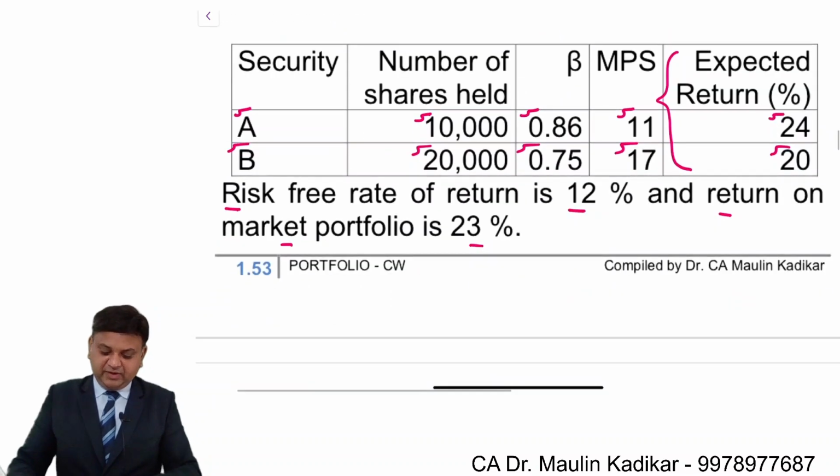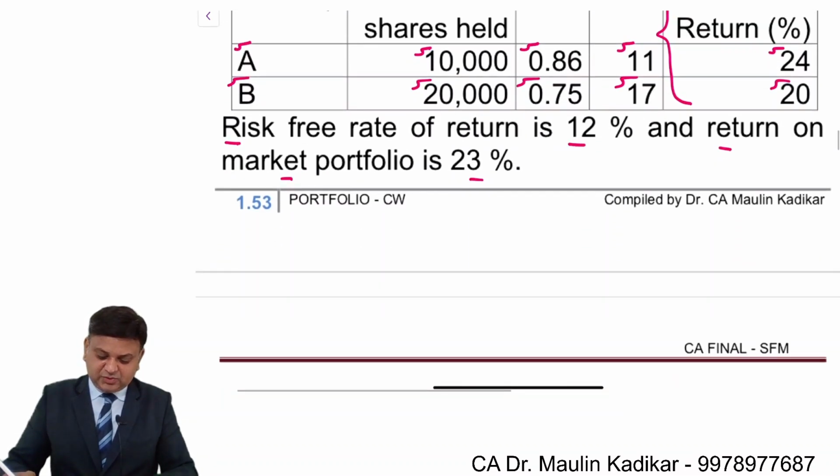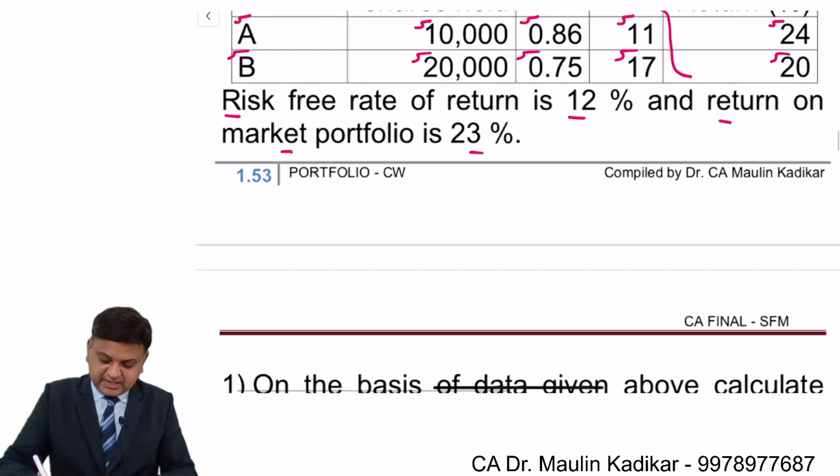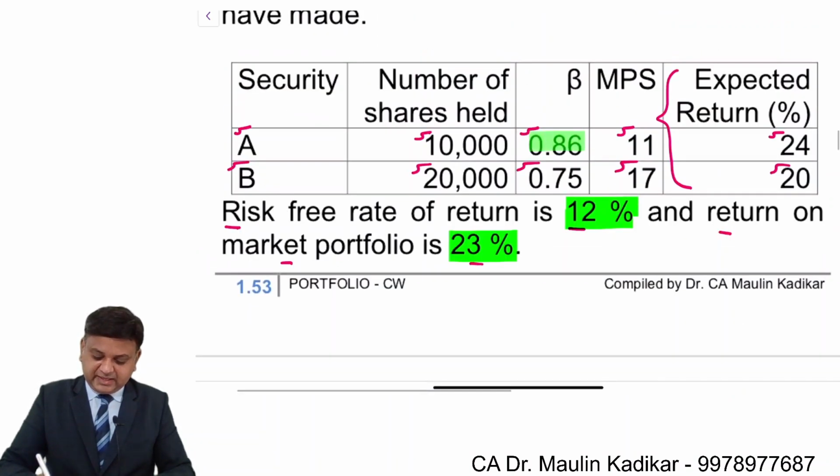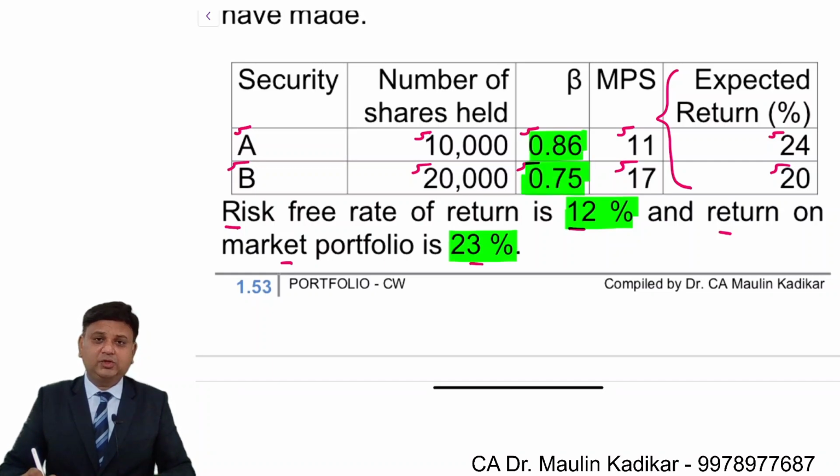Now friends, over here we can see that the information is provided regarding risk-free rate of return 12%, return on the market portfolio 23%, and the beta is given to us as 0.86 and 0.75. So RF is there? Yes. RM is there? Yes. Beta is there? Yes.